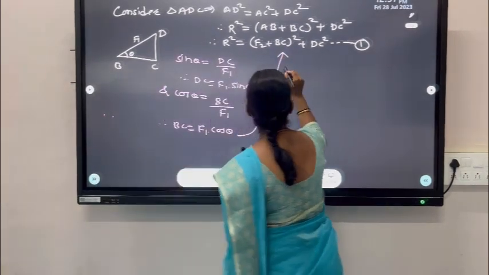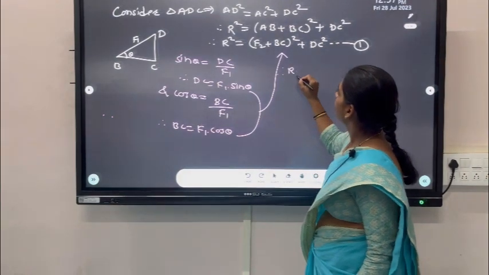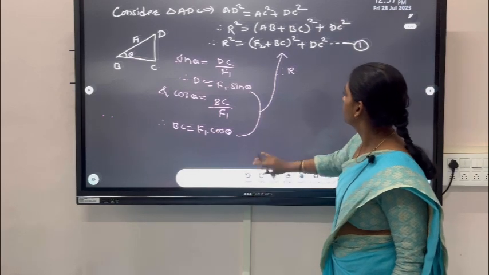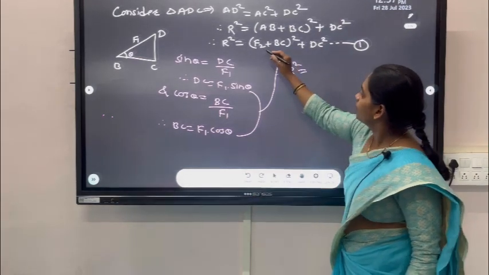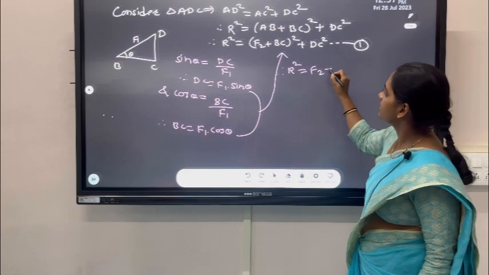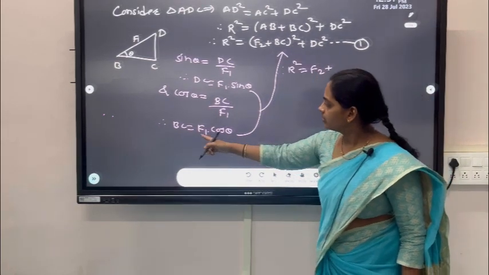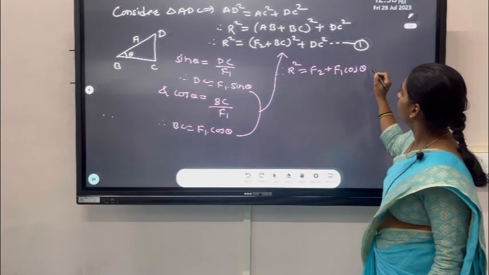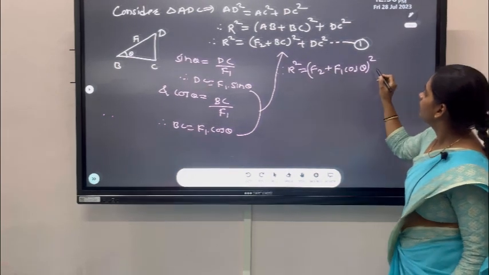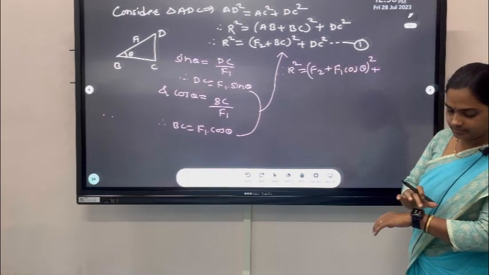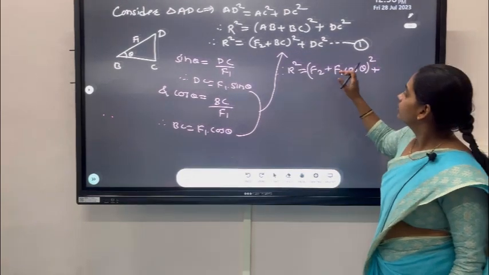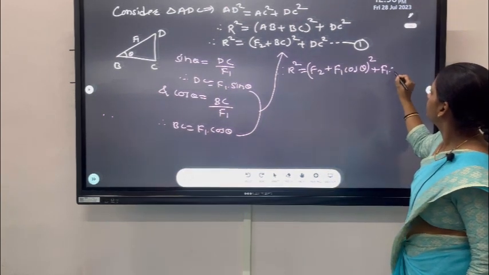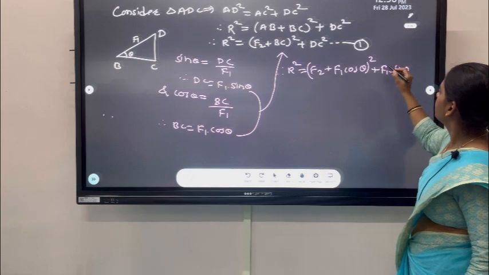We have, therefore, R square is equal to F2 as it is, F2 plus, instead of BC, F1 cos of theta, F1 cos of theta bracket square plus, instead of DC, F1 into sin of theta, its square.